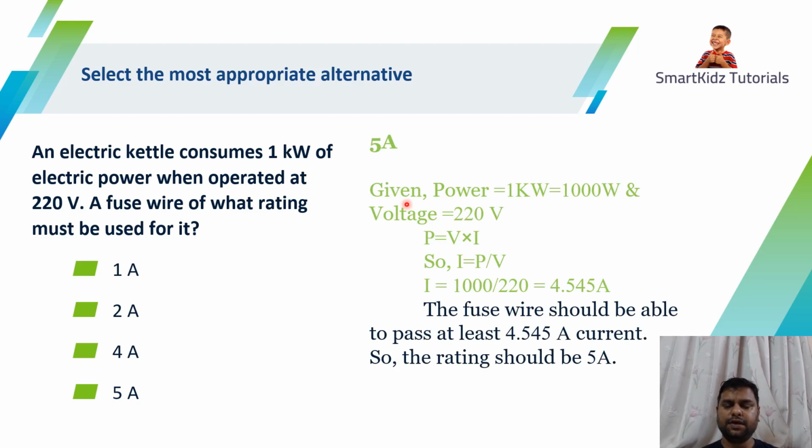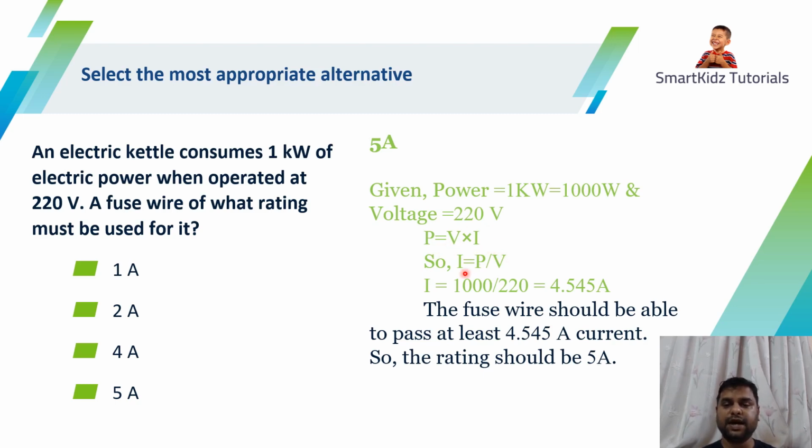Let's see how. Given, power is 1 kilowatt, so 1 kilowatt is 1000 watts. Voltage is given as 220 volts. The formula we use is power equals voltage times current. But here we need to find the current.